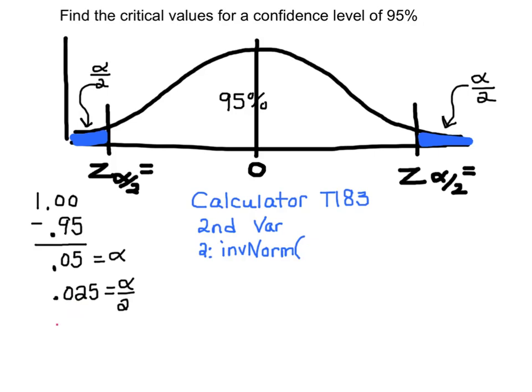If I take 0.95, and actually I'm going to have to add half of alpha, 0.025, and I end up with 0.975. Okay, so 0.975 is this 95% area plus the left tail.